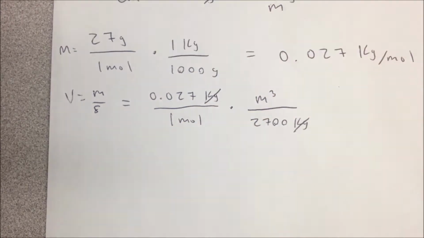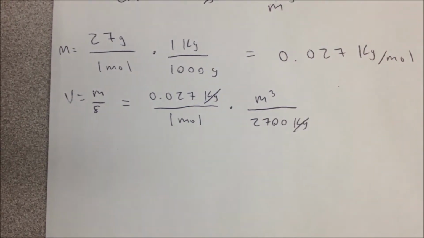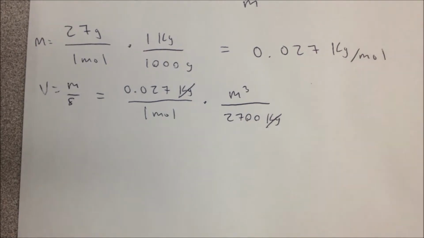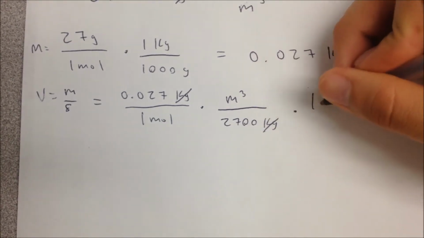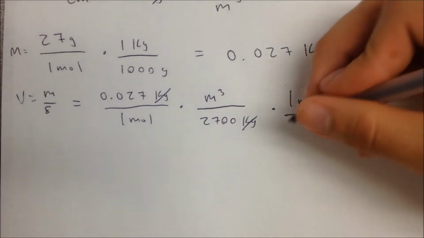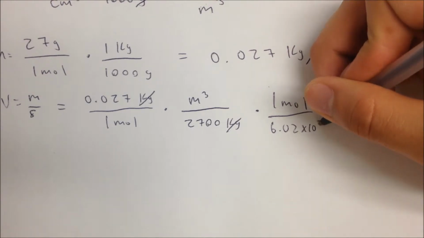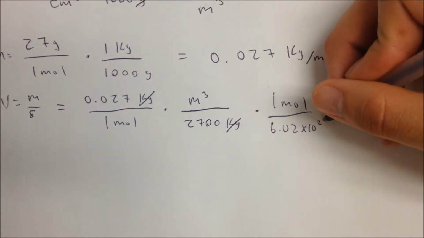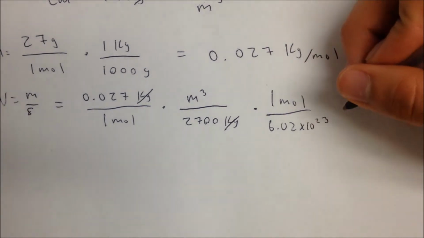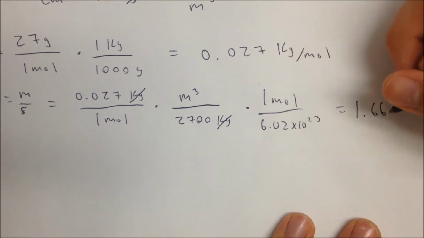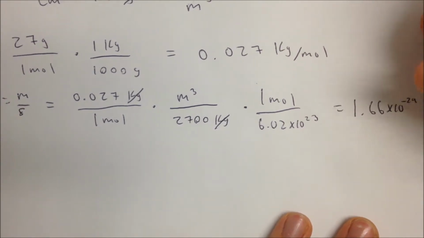Kilograms cancel out. And we're trying to find the volume of one atom, so we have to cancel out the moles as well. So multiply by 1 mole over Avogadro's number, 6.02 times 10 to the 23rd. And that gives us 1.66 times 10 to the negative 29 meters cubed per atom.